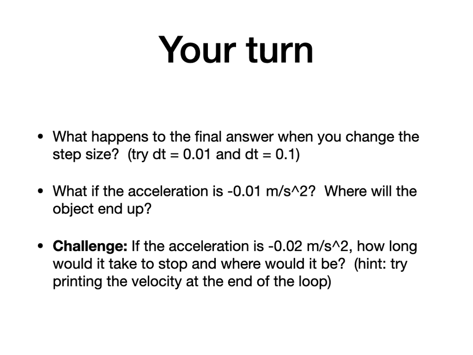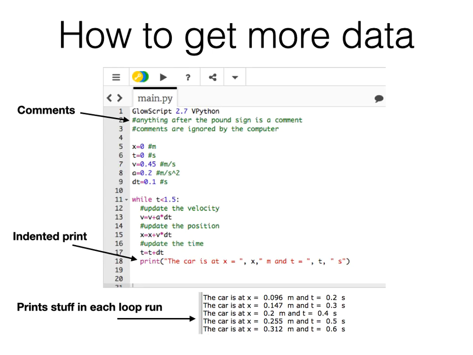Okay, here we go. Here are some better print statements. First, I want to point out comments. We can add comments to our code because humans read these. You're a human, I'm a human, and the computer doesn't care. It ignores these comments. If you put in a number sign, or as some people like to call it, a hashtag, then anything after that is just a comment and the computer ignores it.